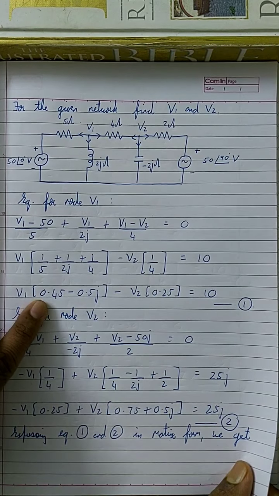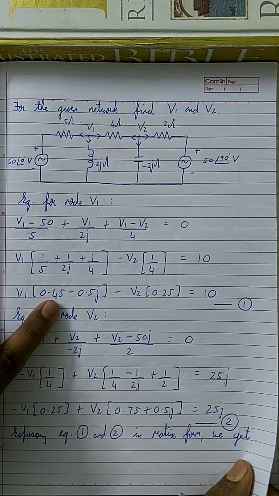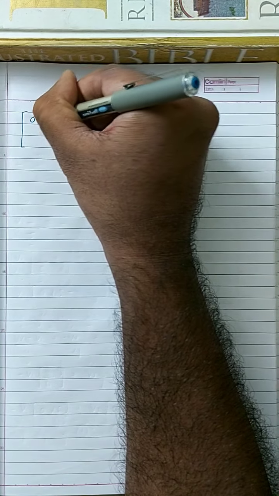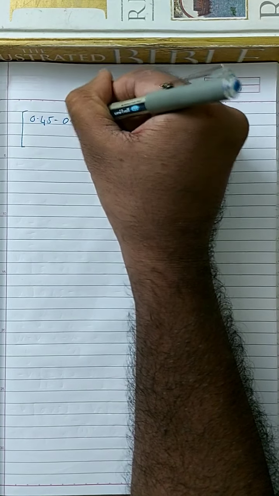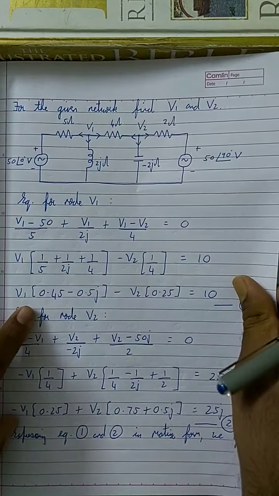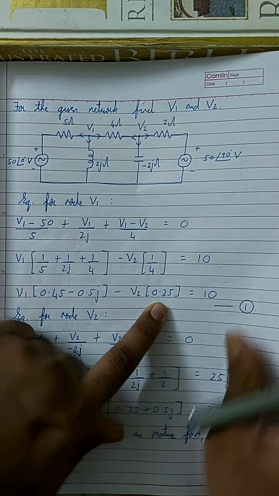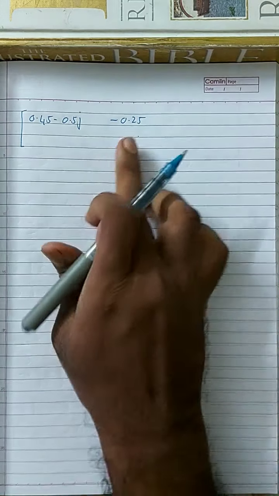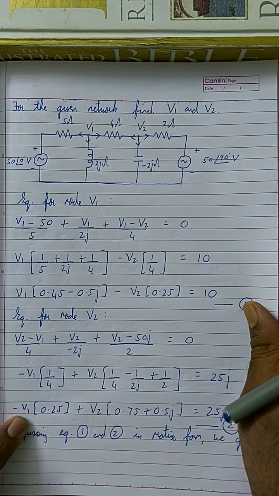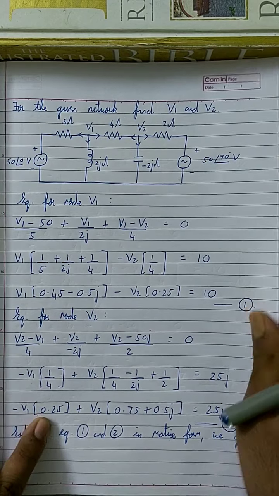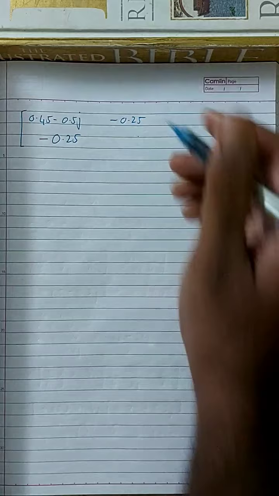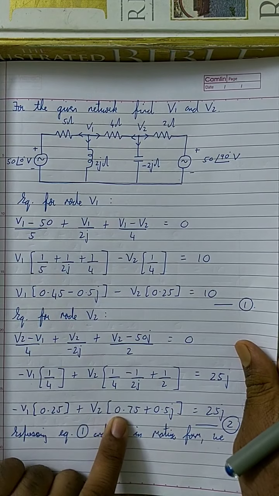So what is this? First one is 0.45 minus 0.5j, which is the coefficient of V1, and the coefficient of V2 is minus 0.25. Okay, and what about the second equation? The coefficient of V1 is minus 0.25, and the coefficient of V2 is 0.75 plus 0.5j.